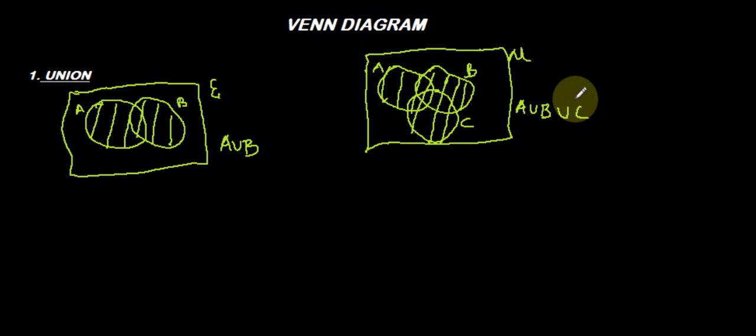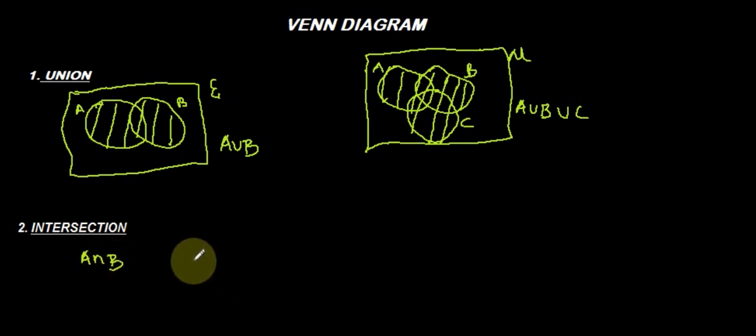The second thing I would love us to illustrate using the Venn diagram is the intersection of two sets. The intersection of two sets, from our previous video, is about what they have in common. What can you see in A and what can you see in B? Let's illustrate this with a Venn diagram. We have A intersection B first.